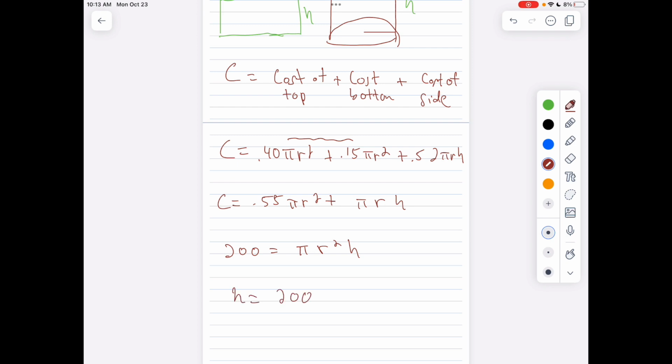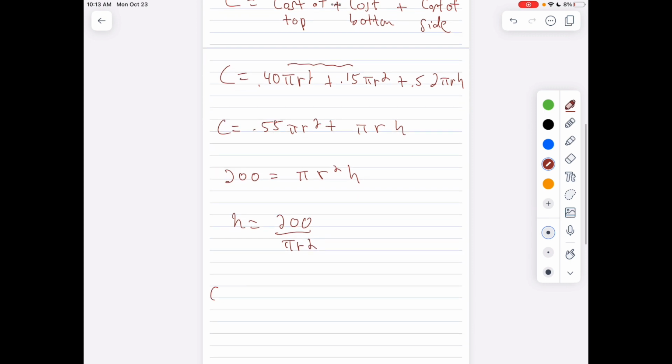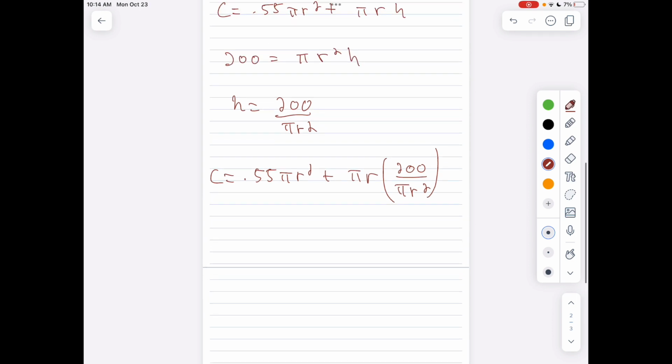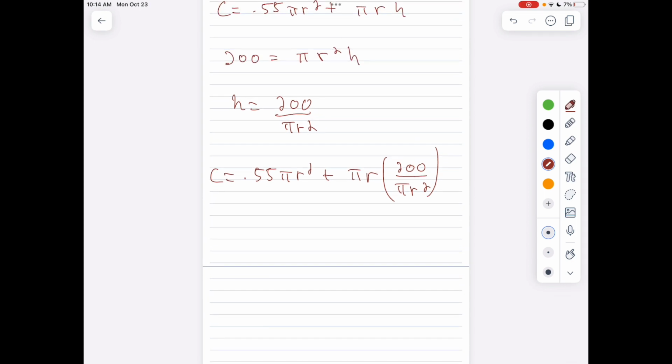It would be 200 over pi r squared. So my C would equal 0.55 times pi r squared plus pi r times 200 over pi r squared. So I replace the h in there, and we're going to get an equation.